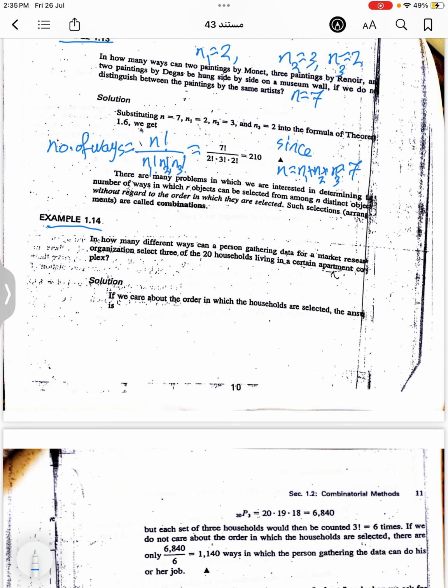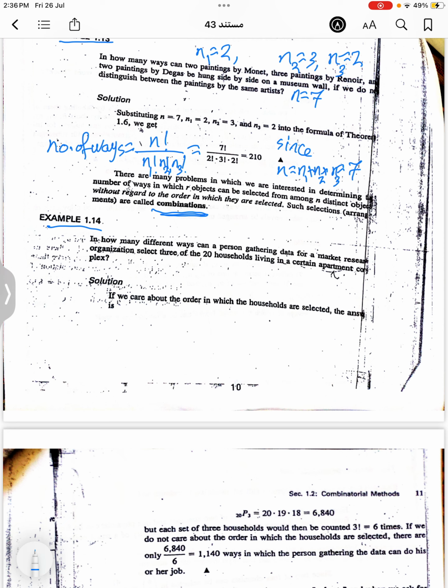We return back to the next video, where we will discuss another procedure which is called combination. When the order is not important, we will use another procedure called combination.